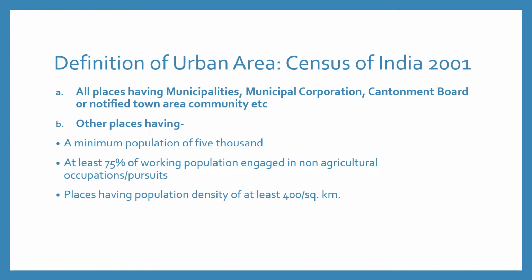In accordance with the Census of India 2001, an urban area is defined as: A. all places having municipalities, municipal corporation, cantonment board, or notified area committee, etc. B. Other places having a minimum population of 5,000, at least 75% of working population engaged in non-agricultural pursuits, and places having population density of at least 400 per square kilometer.